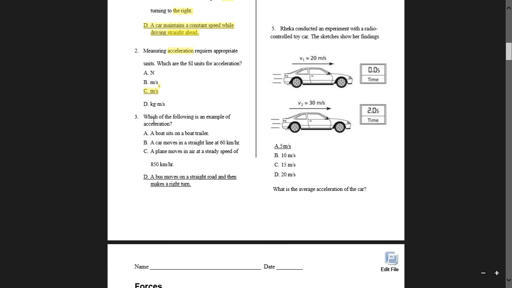Number 3, which of the following is an example of acceleration? The question asks for an example of acceleration. The first letter A: a boat sits on a boat trailer.